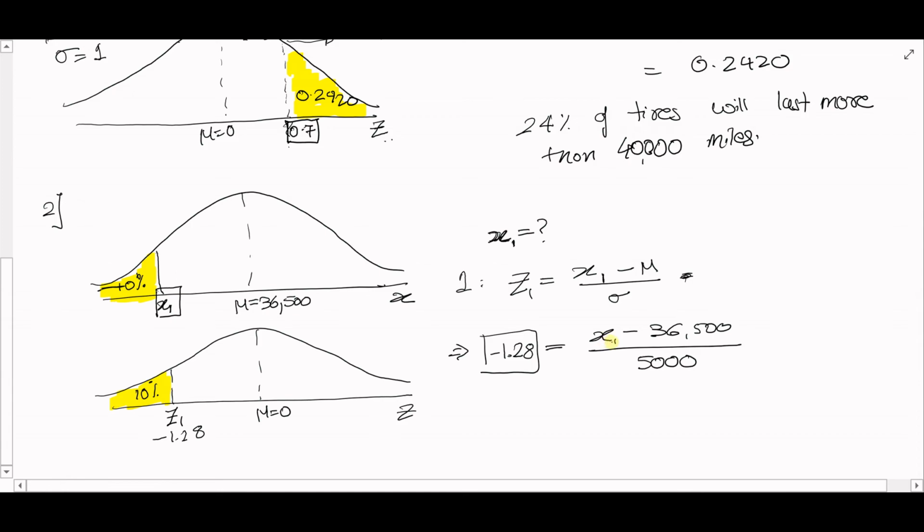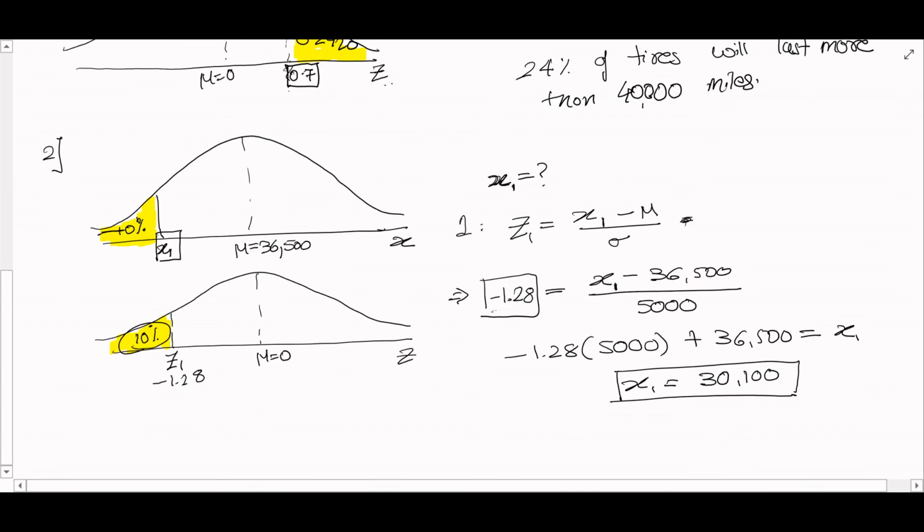Now you just solve for x1. Once you do this, -1.28 times 5,000 plus 36,500 will give you your x1. So your x1 turns out to be 30,100.